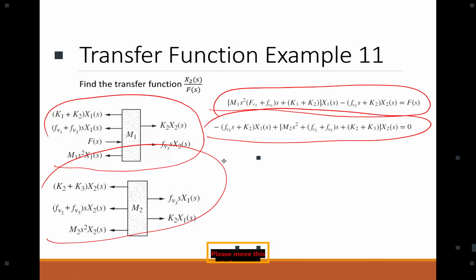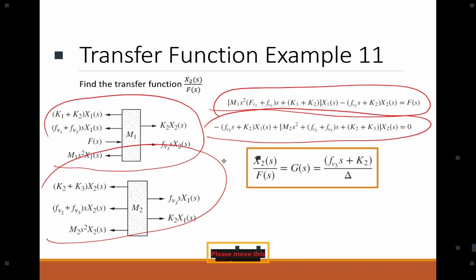So you know how to list all the forces and the directions. And when you have that, you simply can have the conservation equation. Are we good? The conservation equation. We already did the Laplace transform because we know how to do that. If you want to consider the X2 to the F, you can find it here.